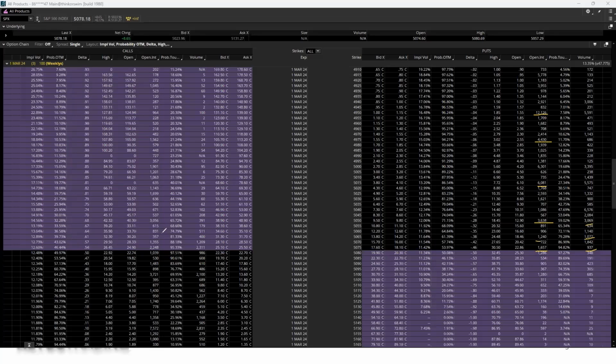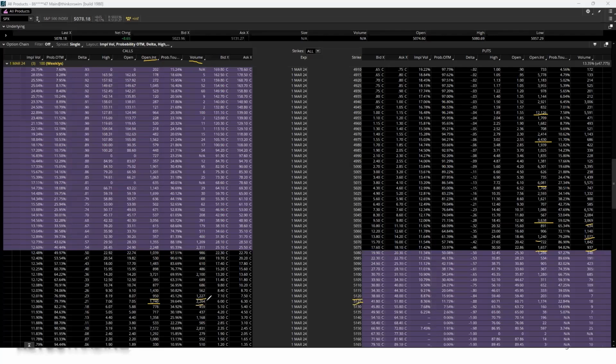What about on the call side? Let's see. Here we've got some unusual option activity on the call side, the 51.20, 51.25 strike. So the volume, today's volume is greater than open interest.